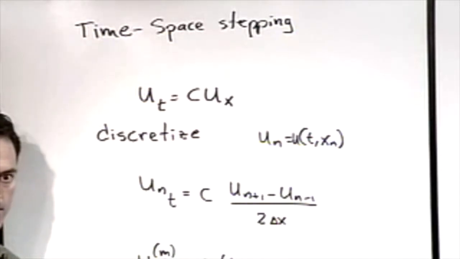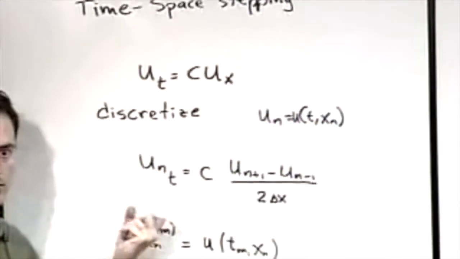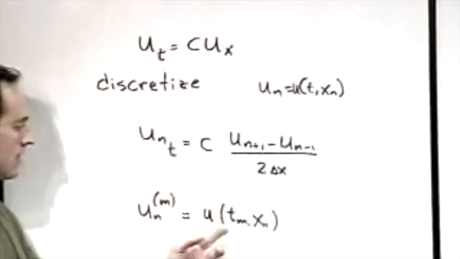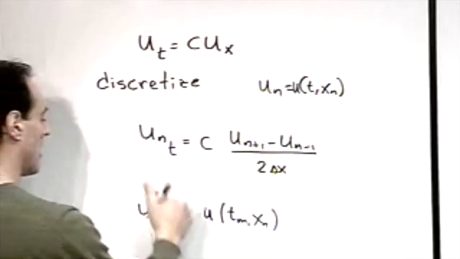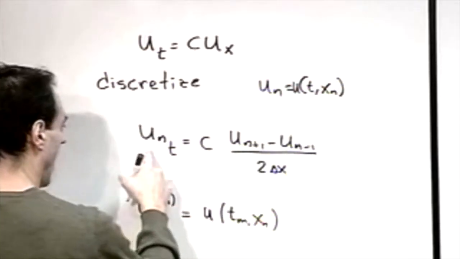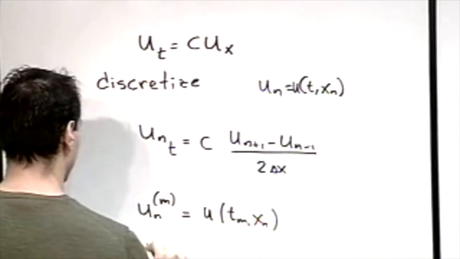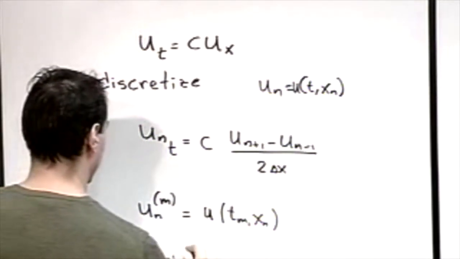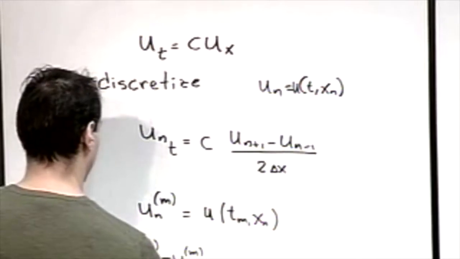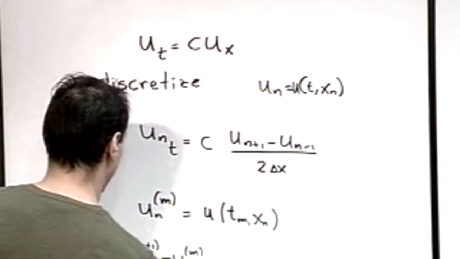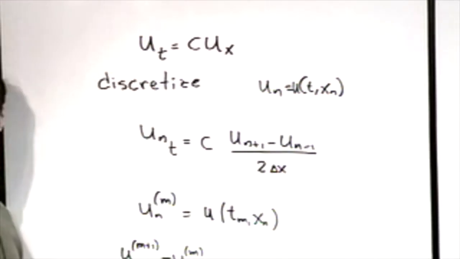Okay, so the m up top is going to refer to time, not a power. That's why I've put it in parentheses. Okay? And so what happens is, now let's discretize this thing here. Let's say, okay, I'm going to use a slope formula, a rise over run, which looks like this. That's my approximation to the slope.